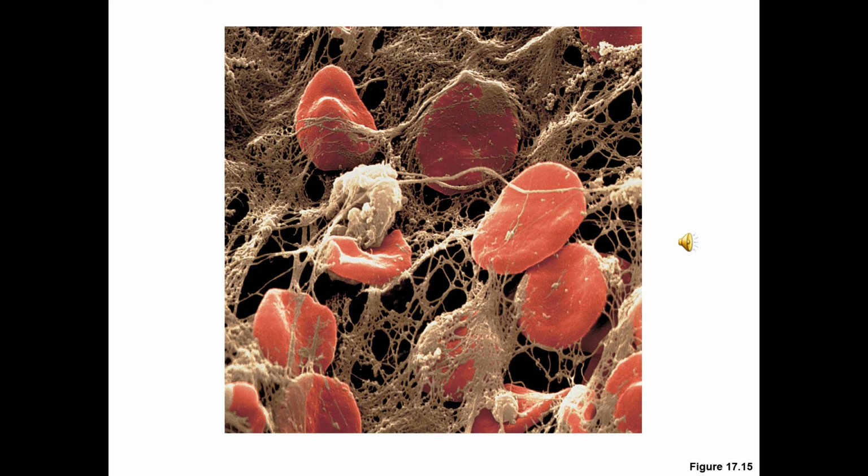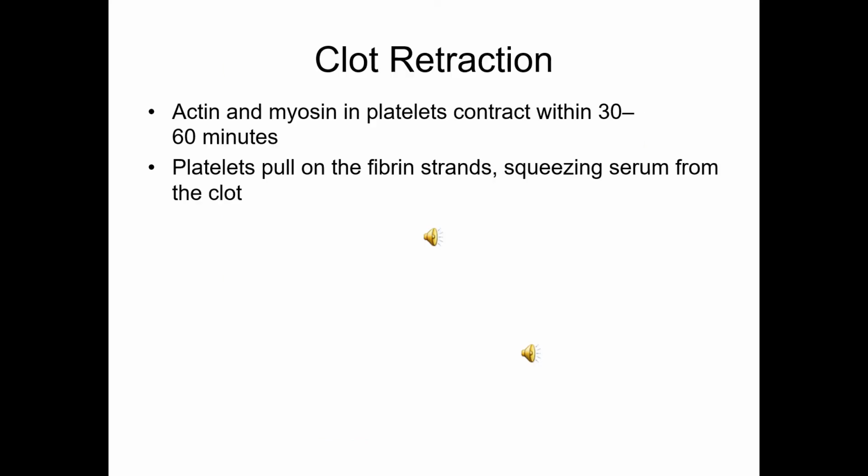Here you see some red blood cells and fibrin mesh. It's like a net. After the clot is formed, retraction of clot starts, and that retraction occurs between 30 to 60 minutes after the clot is formed.